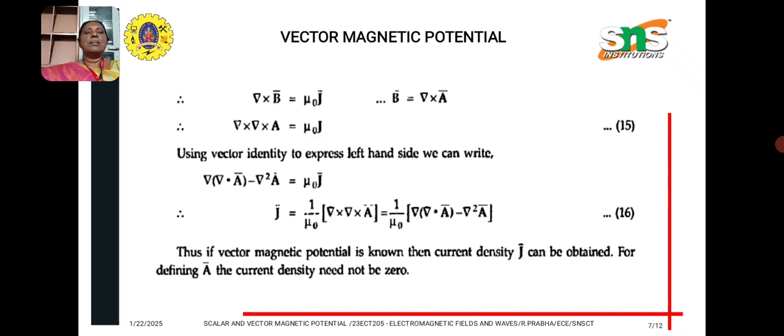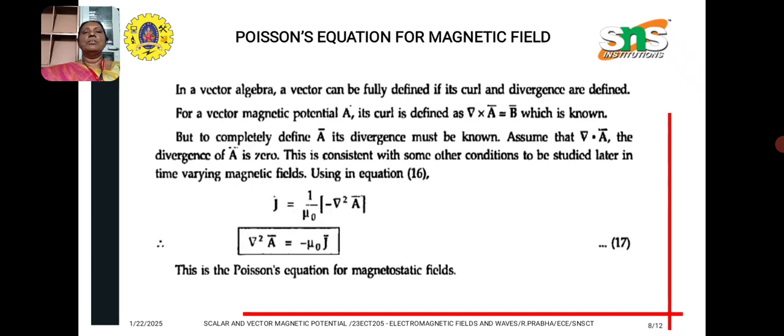So finally we can write the expression for J as 1 by mu naught del cross B is equal to 1 by mu naught del into del dot A minus del squared A. Thus, if the vector magnetic potential is known, the current density J can be obtained. So, for determining A vector, the magnetic vector potential, the current density need not be 0.